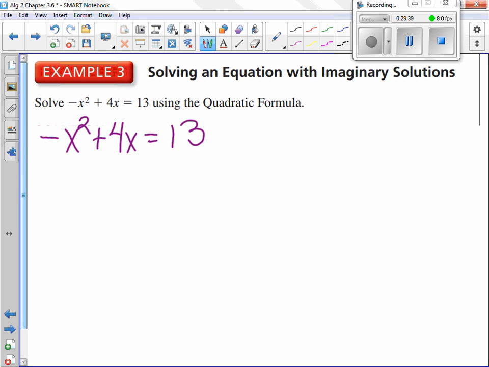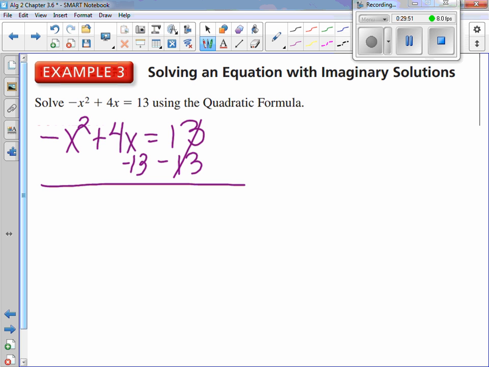So again, what do we need to do? We need to get equal to 0. So how can I do that? We could minus 13 from both sides. And even though x squared is negative, that is fine.